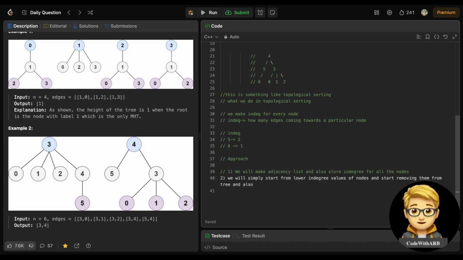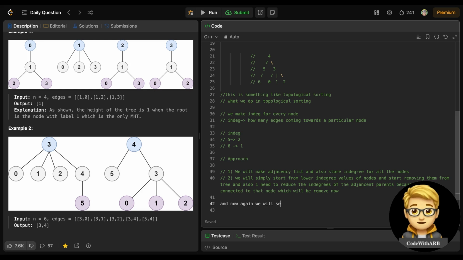And also I need to reduce the in-degrees of the parent, because of the adjacency of the adjacent parents, because it is connected to that node which will be removed now, right?